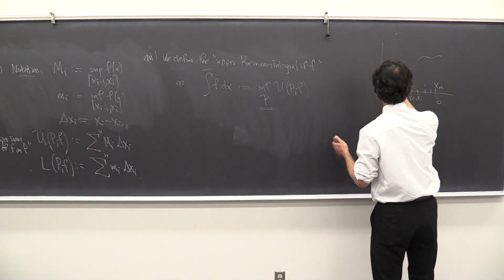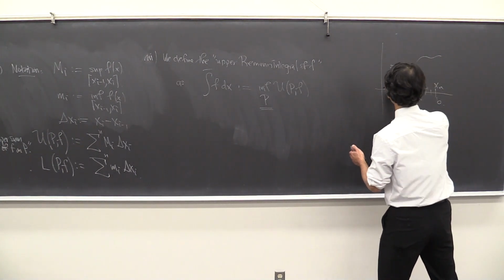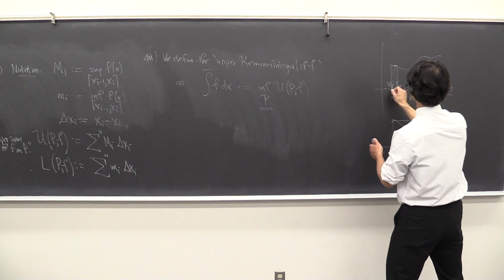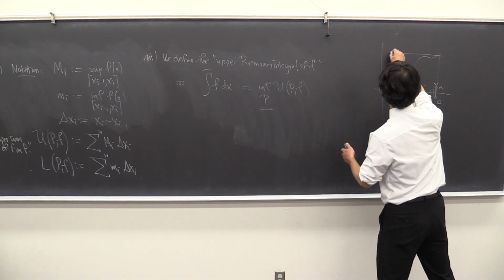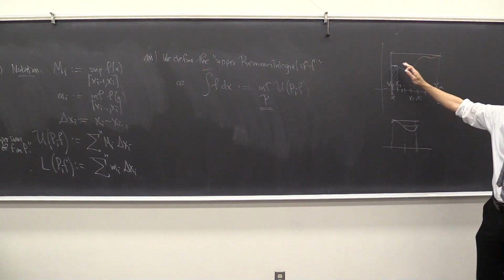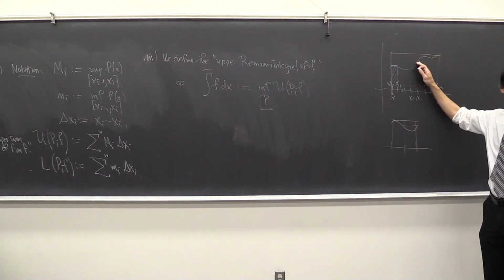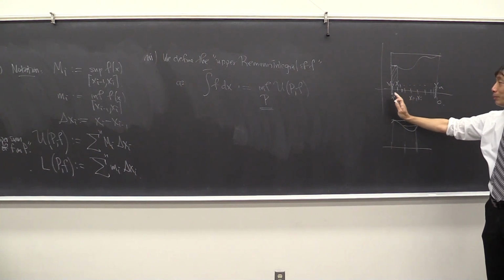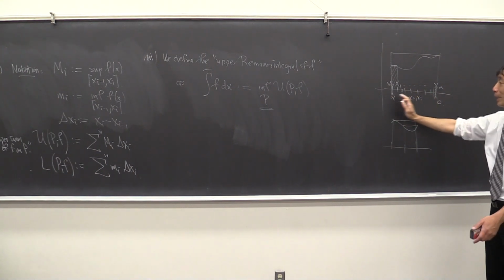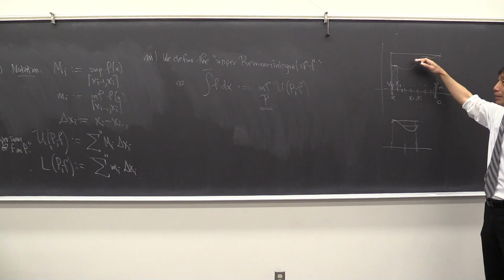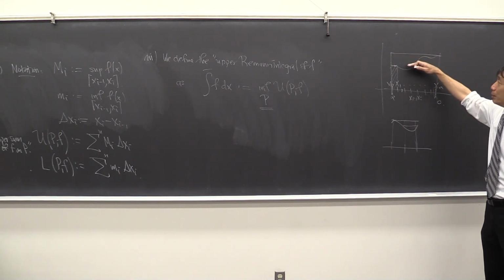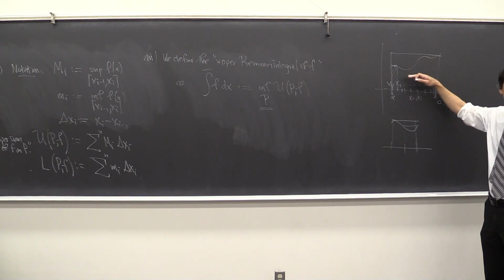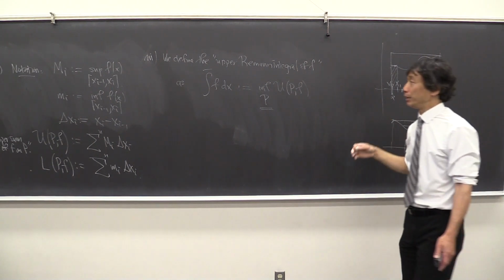There's this very crude partition: you could take just A, B as your partition. In that case, your upper sum would be just the area of this block. But as you get finer and finer, the upper Riemann sums are going to start dropping down closer and closer to the actual area.